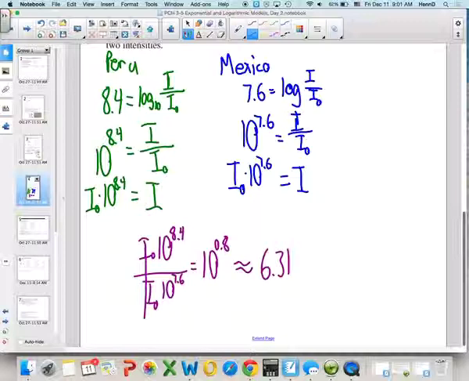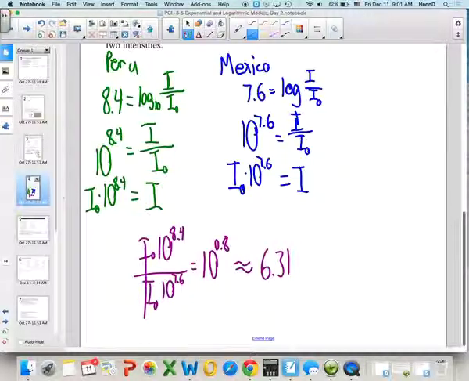Okay, alright, it was one too many powers of 10 there. So this one that was 8.4 is 6.3 times as intense as the 7.6 degree earthquake in Mexico. Alright? So that's how you can compare them.